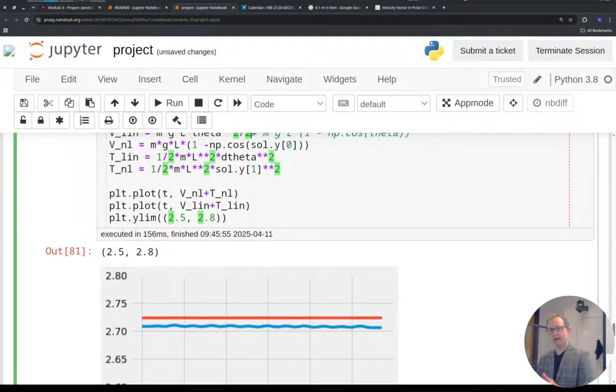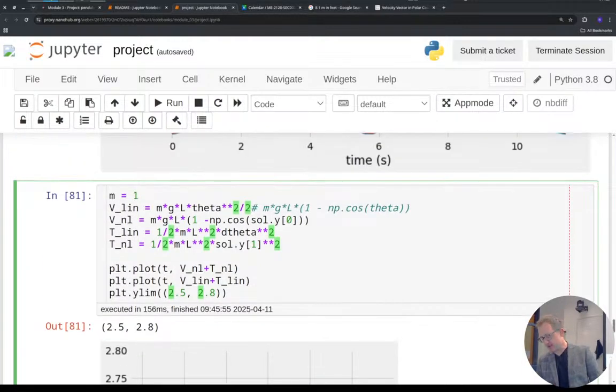There's an offset in the total energy, even a little bit. Not a big deal, but they're both approximately straight lines. The difference is actually fine. Yeah, exactly, the difference is what matters. Cool.